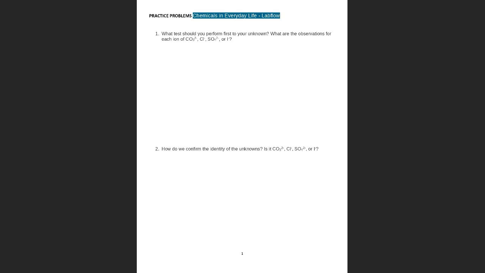You are going to say, we place a small amount of the unknown in a small dry test tube, exactly as it says, and we add a drop of concentrated sulfuric acid. And then, according to table 3 that is in there, the reaction of solid salts with sulfuric acid will give us a clue of which one of the 4 ions we have.